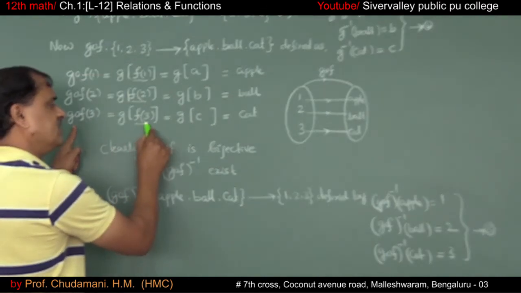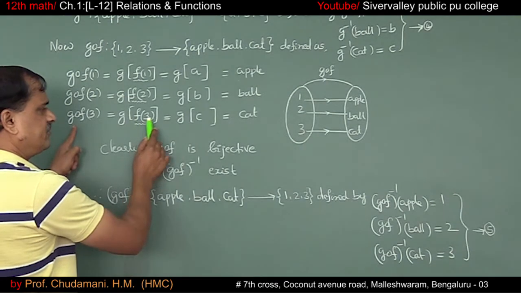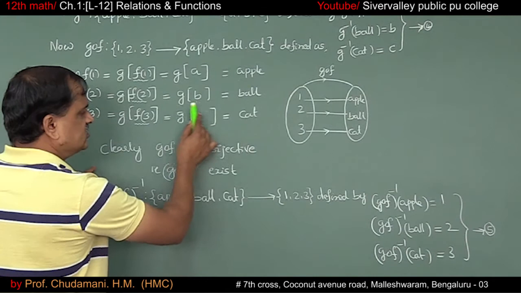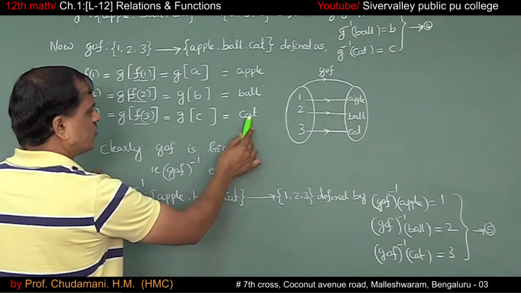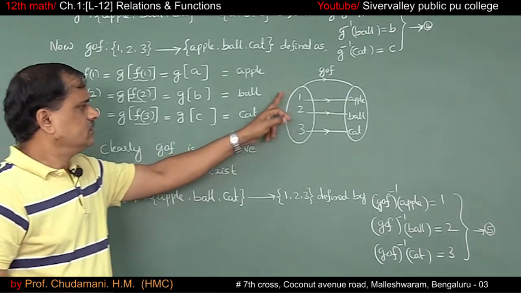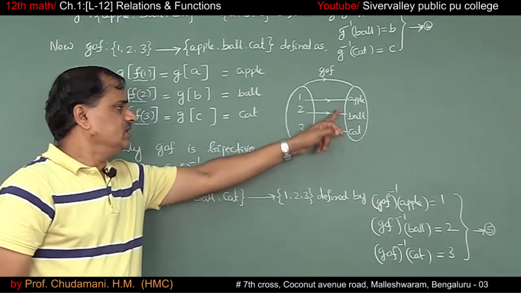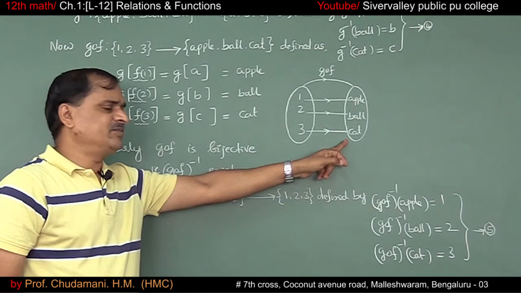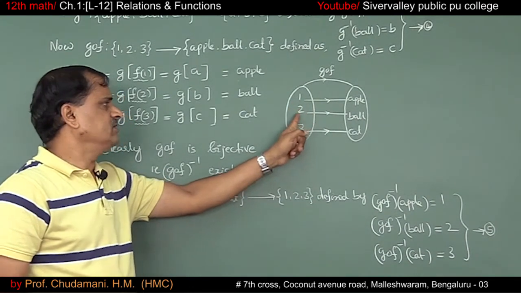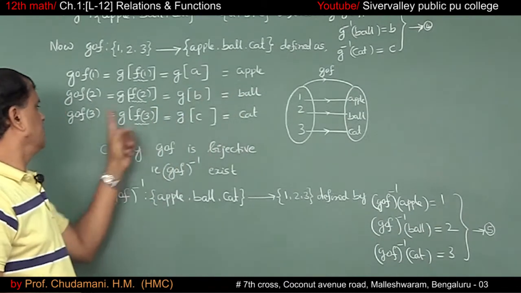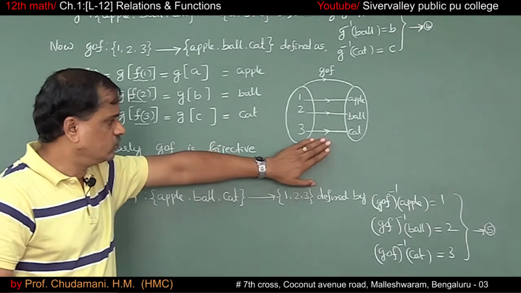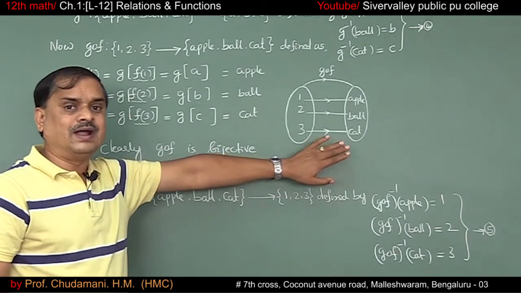From equation 1, F of 3 is equal to C. From equation 3, G of C is equal to cat. So, the set {1, 2, 3} and the set {apple, ball, cat}: 1 associated to apple, 2 associated to ball, 3 associated to cat. Clearly this is also both 1-1 and onto.